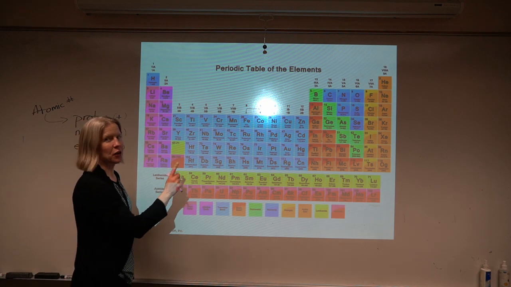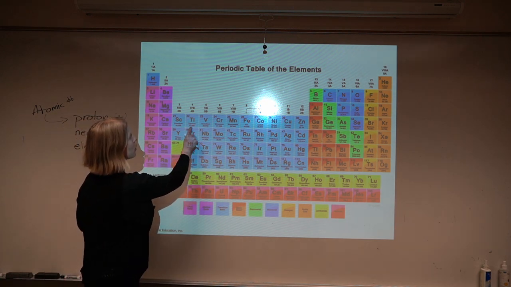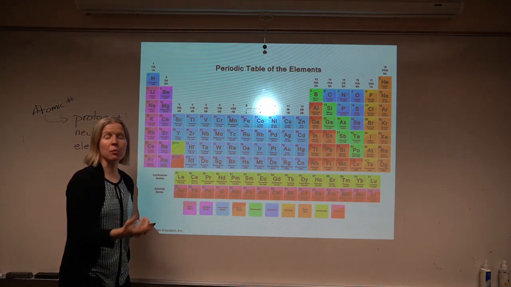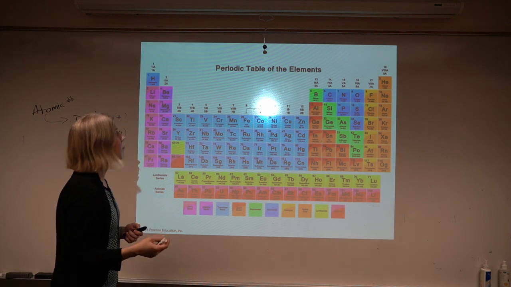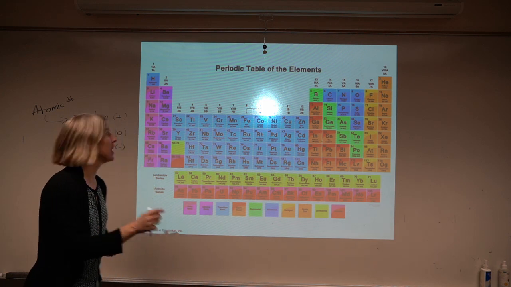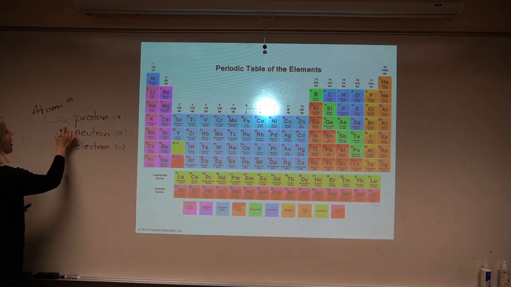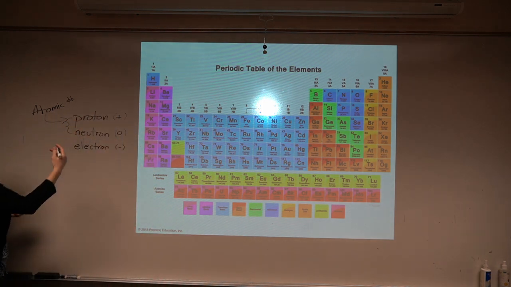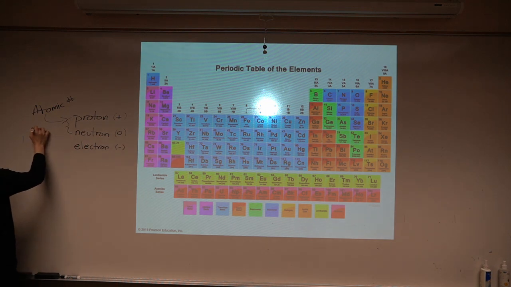The other number, and I know it's hard for you to see this, that ends up being important on the periodic table is the atomic, this is probably atomic weight, but atomic mass is fine. Basically what we're looking at there is the sum of the protons and neutrons.